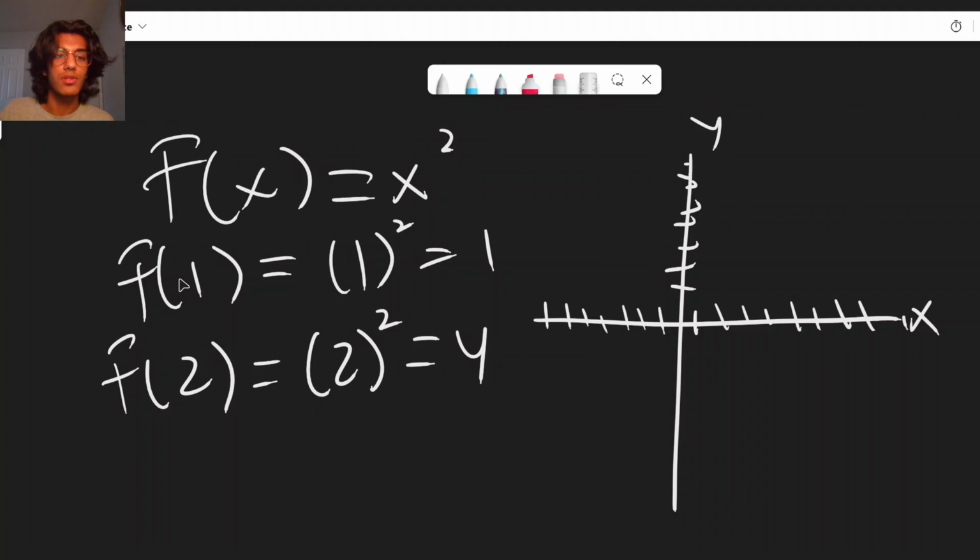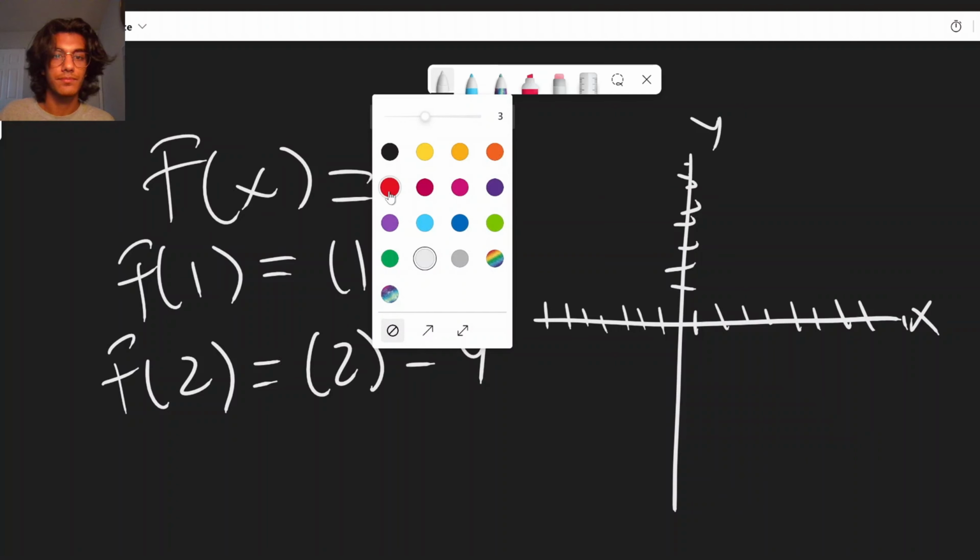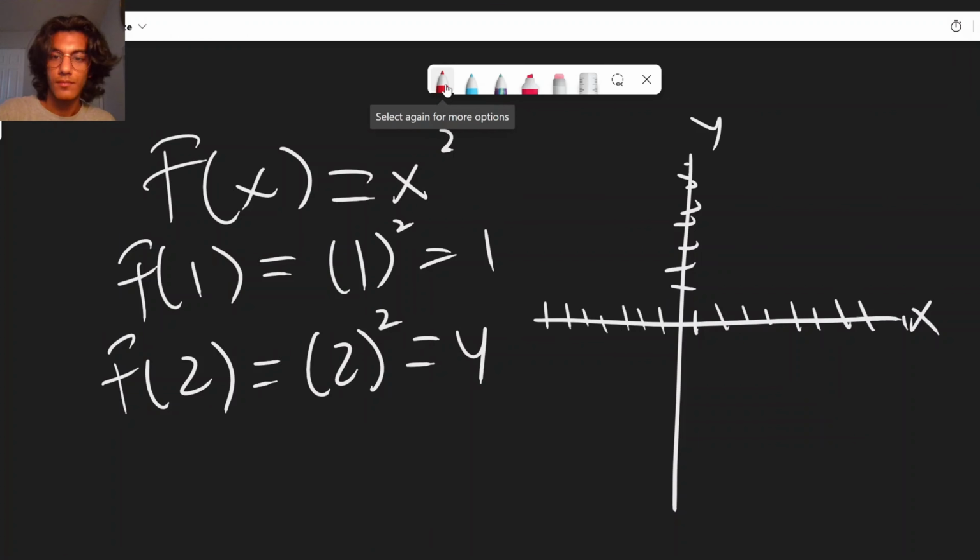So for example, if we have this input which we said is 1 and the output is also 1, then we can pinpoint that the point will be somewhere around here. Let me change this to another color so it's more visible. So we have a dot right there. Now 2, 2, so we go over 2 up by 2, and we can continue this on.